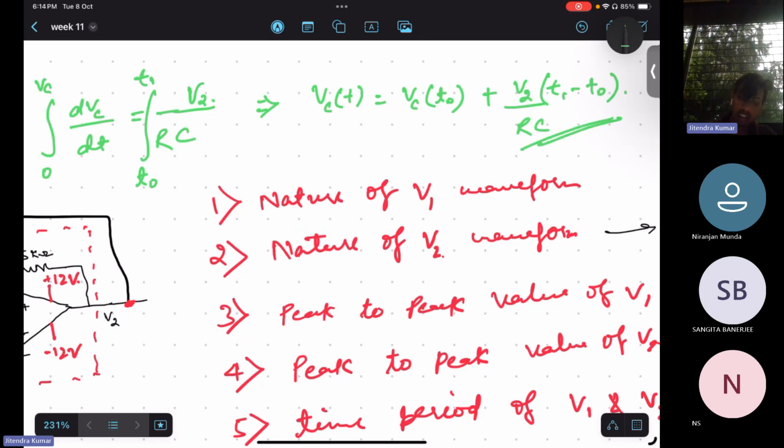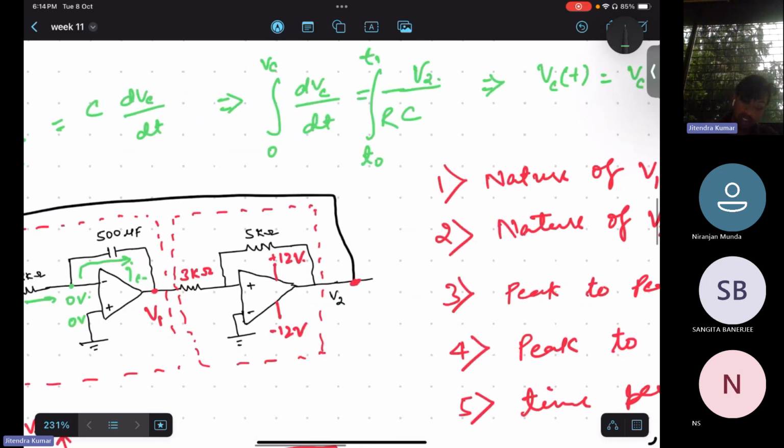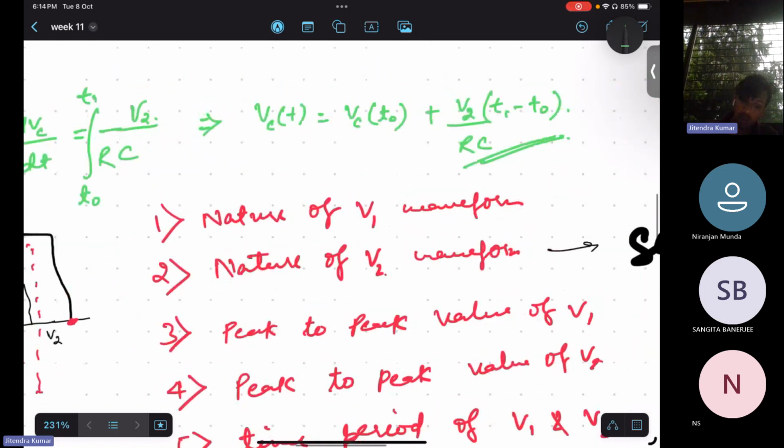So the capacitor voltage Vc(t) has a slope of V2 by RC, and this is how it will vary from T0.